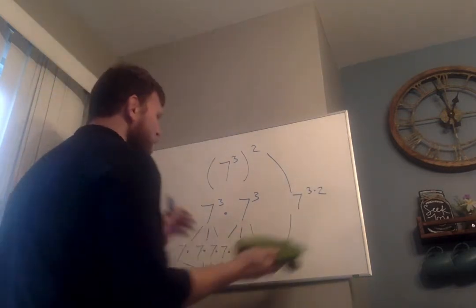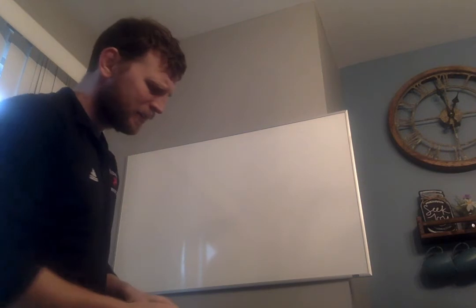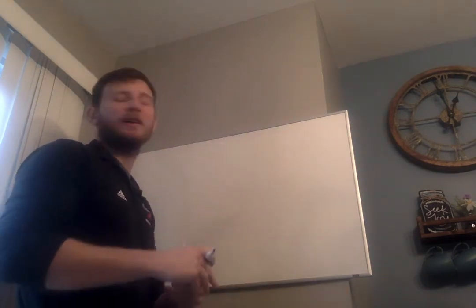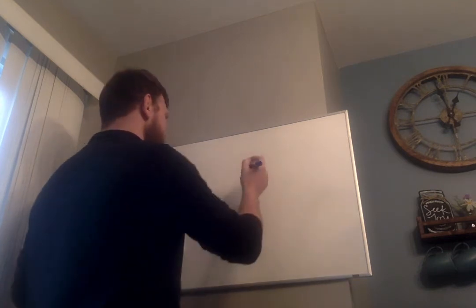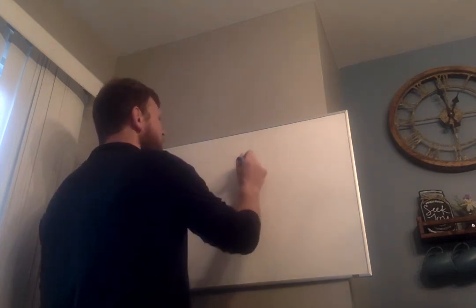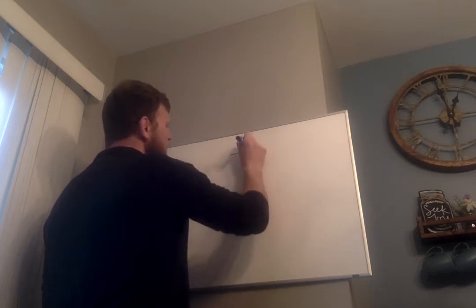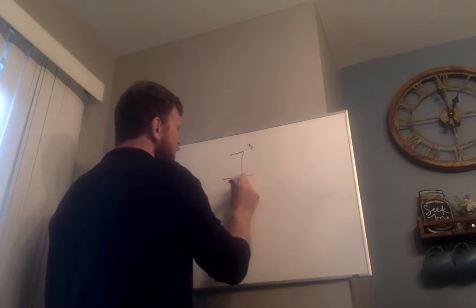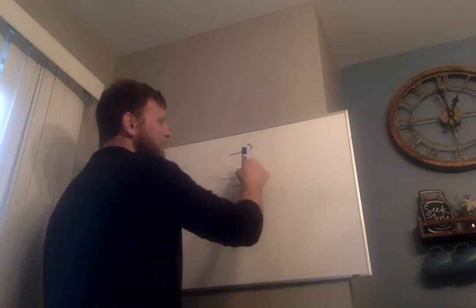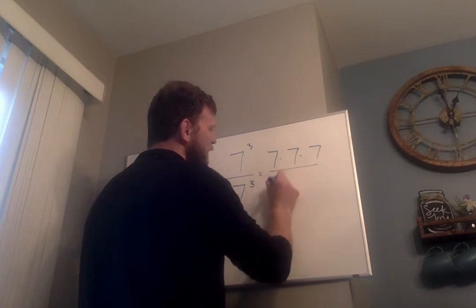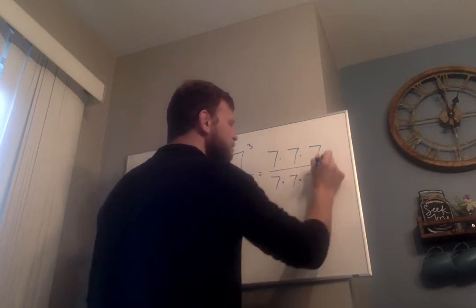Now for the last rule, okay, and the one that I like is, how do I know something to the 0th power is 1? Well, what is this? Well, this is 7 times 7 times 7 over 7 times 7 times 7.